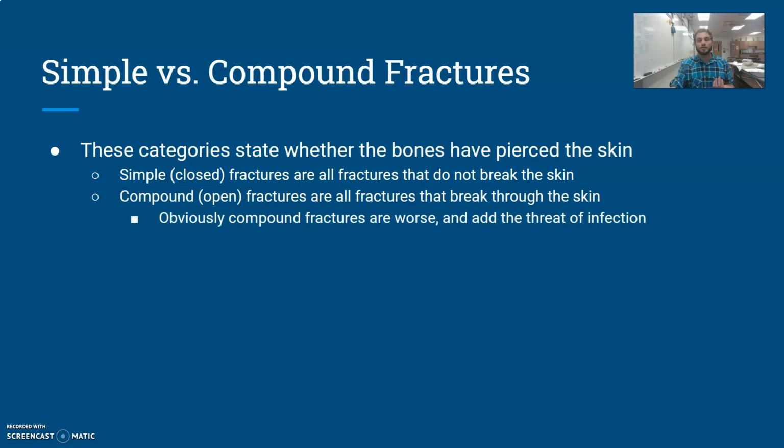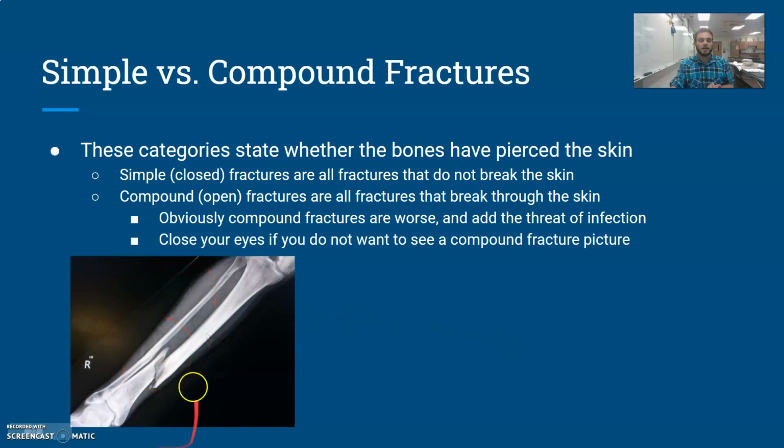Obviously, compound fractures are the ones that are significantly worse. Usually that bone has been broken with such force or with such impact that it has driven it through the skin, and being exposed to the environment does make it much more likely for that fracture to become infected.